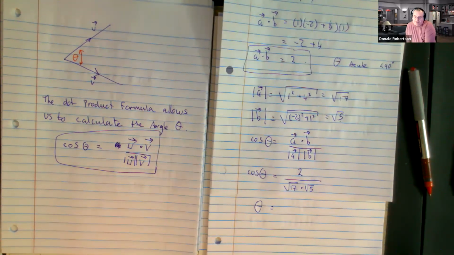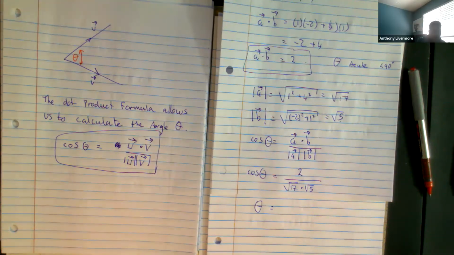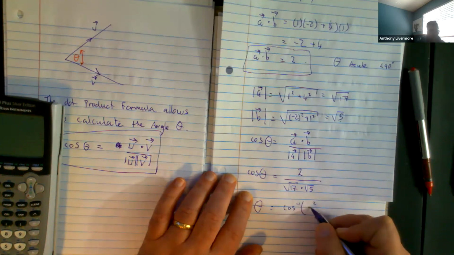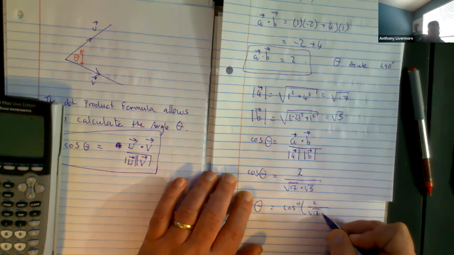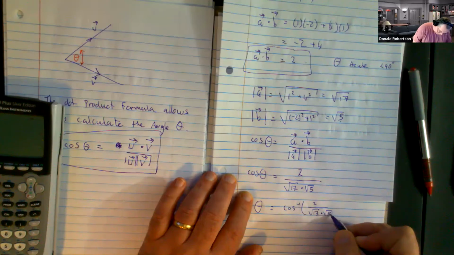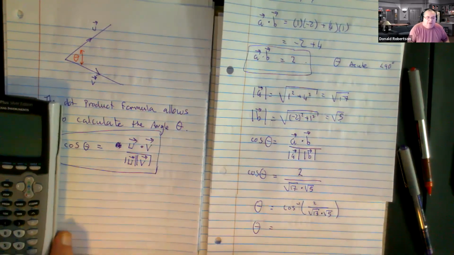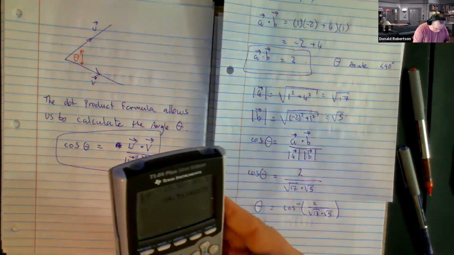How can I find angle theta if I know what cosine of theta is? The inverse cosine. Okay. And unless the question tells you, we will assume the answers are going to be in degrees. Now, I'm going to do this wrong.